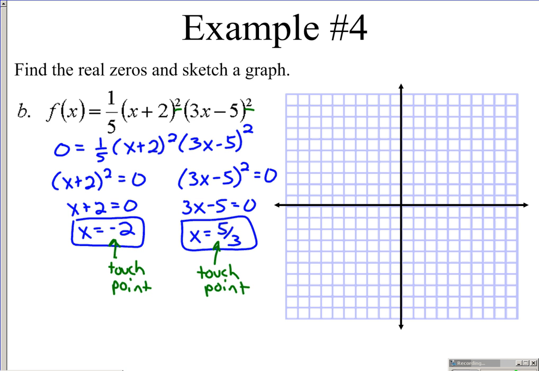So it's an even-powered polynomial with a positive lead coefficient. Those polynomials always rise left and rise right. So plot these intercepts at negative 2 and at 1 2/3. We know it has to rise to the left, rise to the right. Both are touch points. So our graph is going to look something like that.